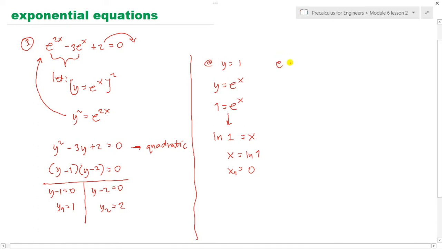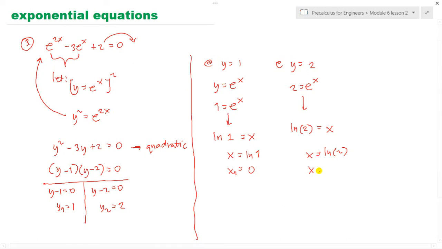Then, how about if y is equals to 2? So that is 2 is equals to e raised to x. Then, transforming it into a natural logarithm, the ln of the resulting answer 2 is equals to the exponent, right? x. So therefore, x is equals to the ln of 2. Simplifying further, ln of 2 is 0.693, approximately 0.693 and so on.